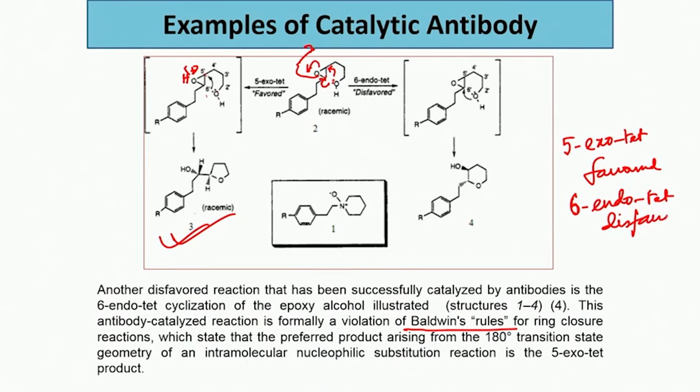So, in the test tube, if you do this reaction with a chemical reagent, say some acid like a Lewis acid, you will get this product as the major one.